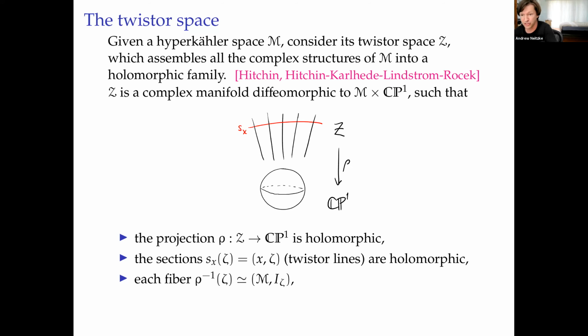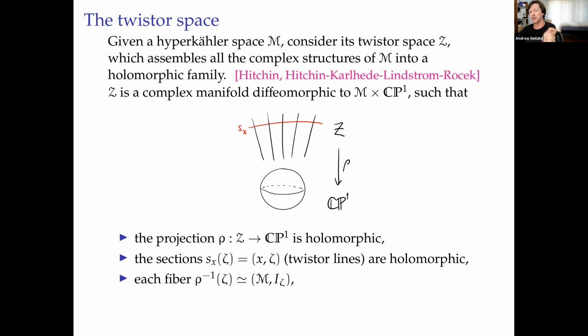So the twistor space has the holomorphic projection. Each fiber is like M in a different complex structure. Another important thing about it is that, because it's diffeomorphic to M cross CP1, it has these canonical sections. I've indicated one of them in red. So each point of M corresponds to a section of this twistor space. And those sections are holomorphic.